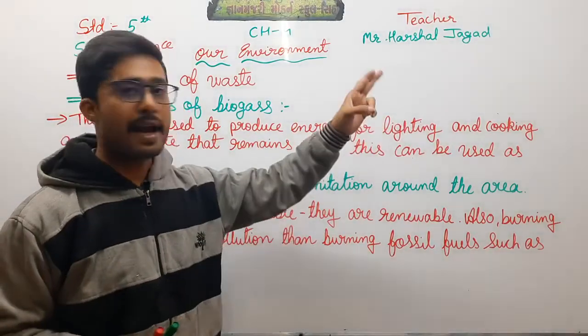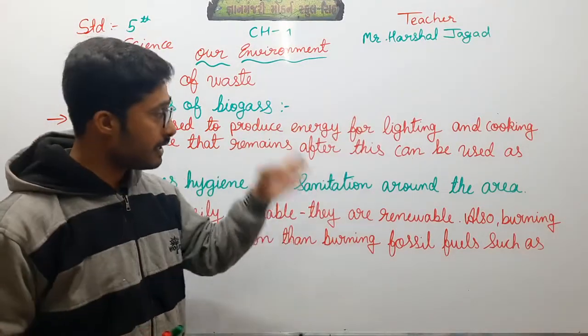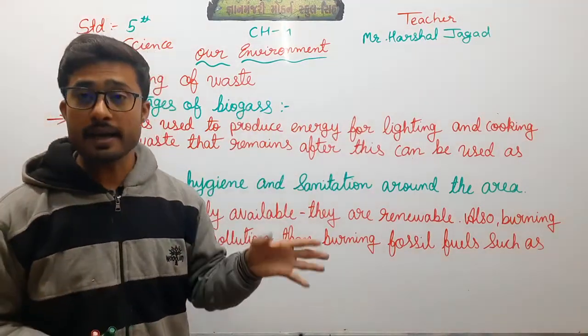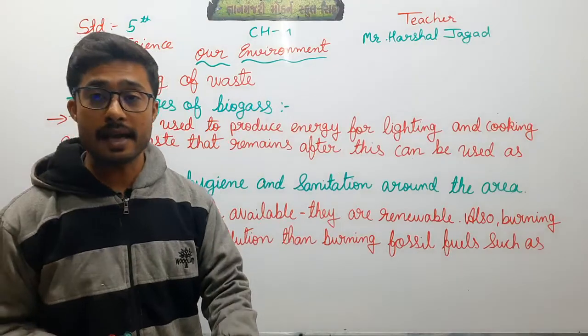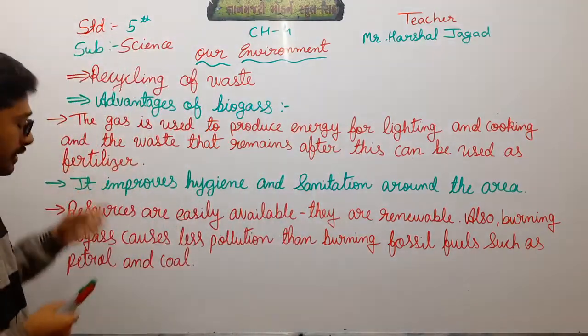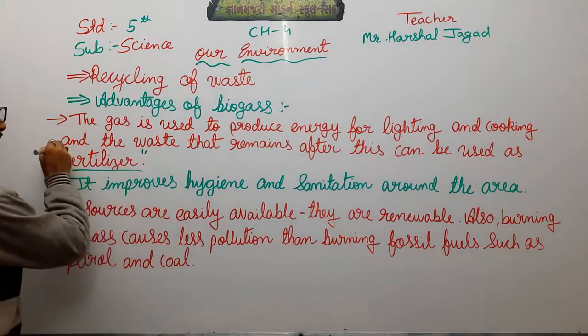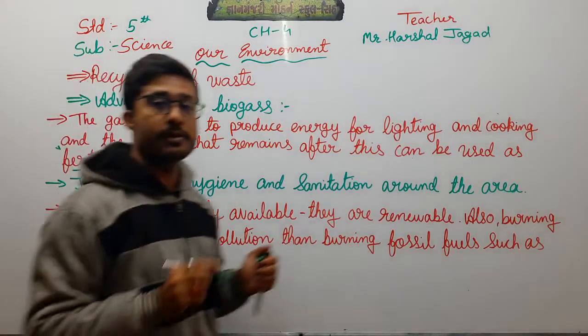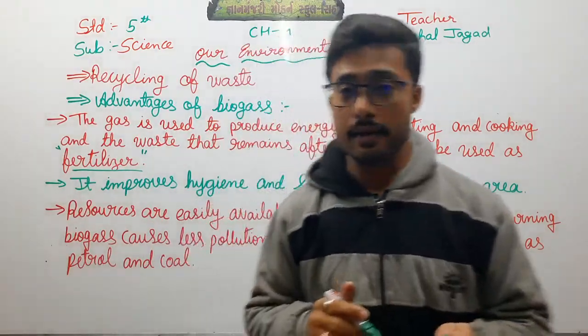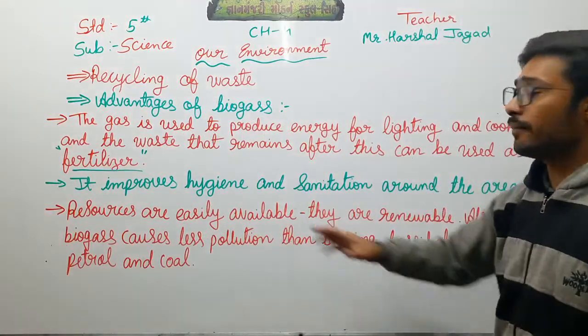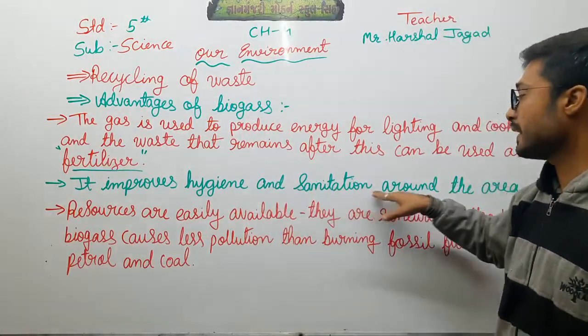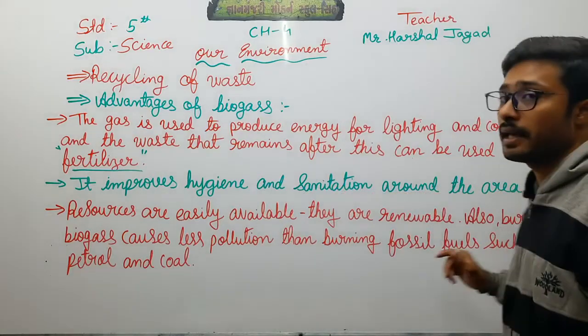For lighting and cooking. Then the waste which remains after producing this gas can be used as what? It can be used as fertilizer. Then after, it improves hygiene and sanitation around the area.